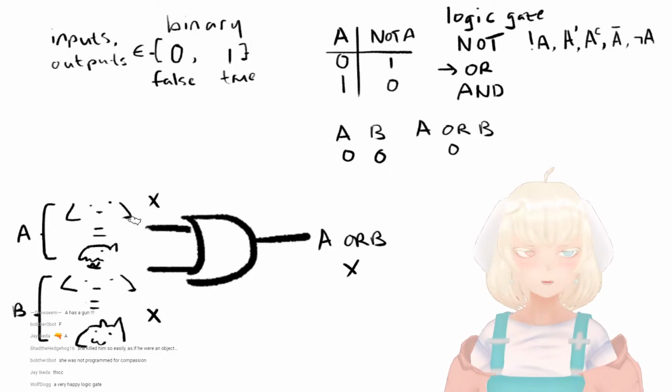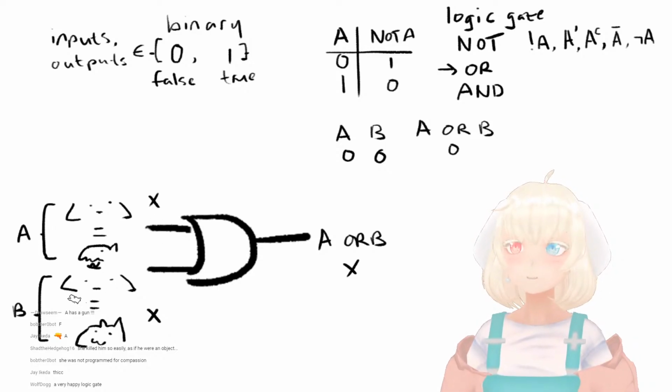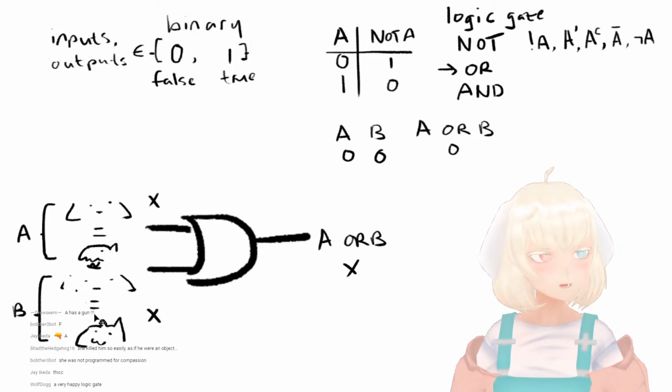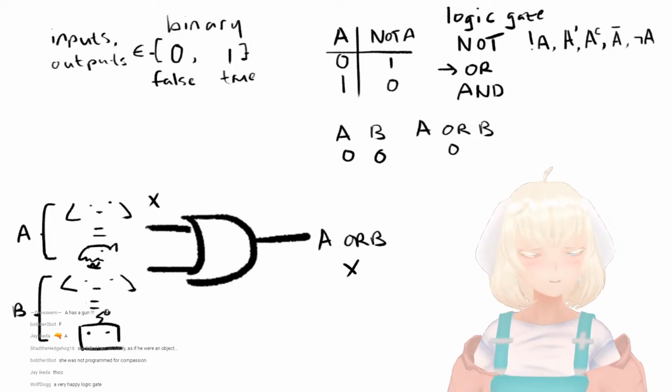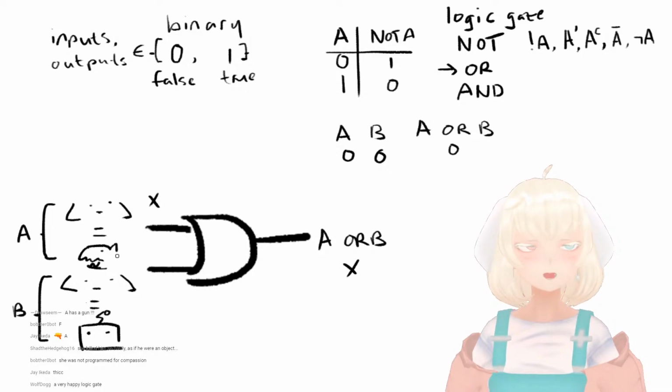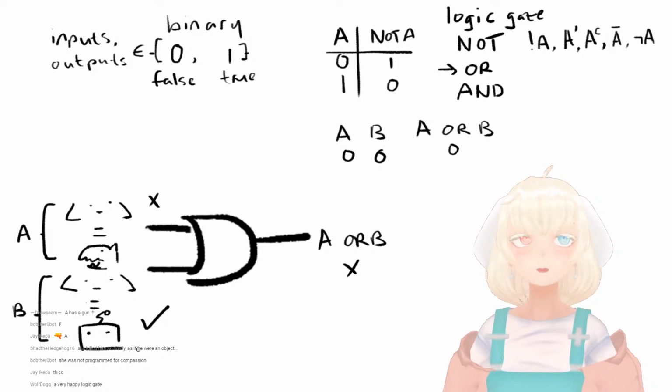And of course, if we change one of these, so if we say Aki is a dog for A still, but we say or Aki is a robot. So obviously A is still false. Aki is not a dog, but Aki is a robot.